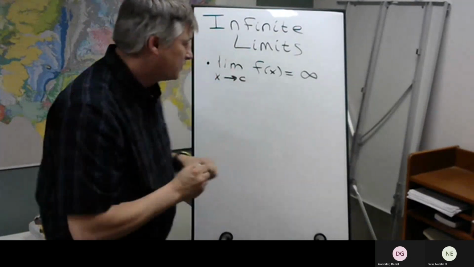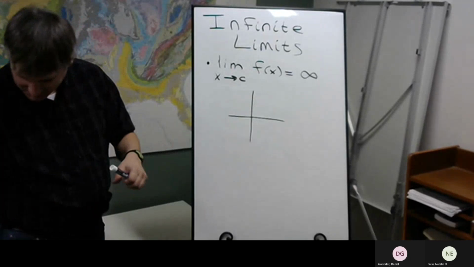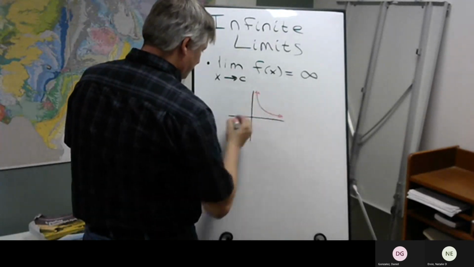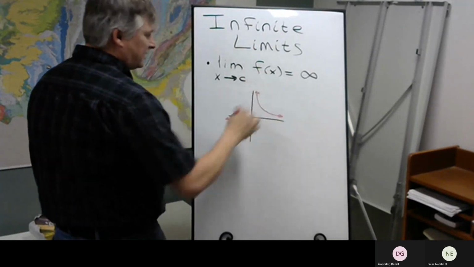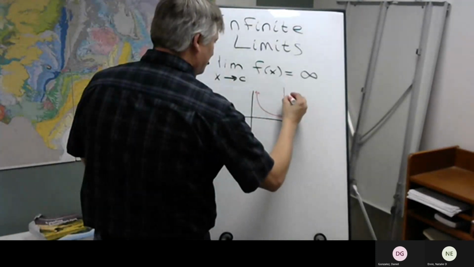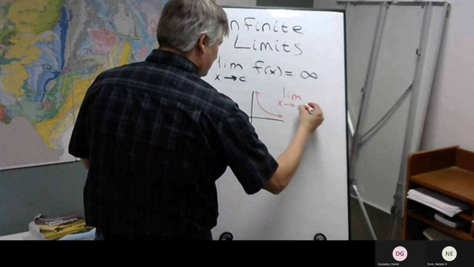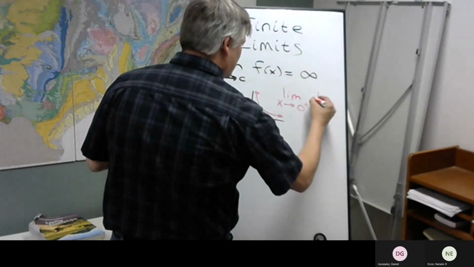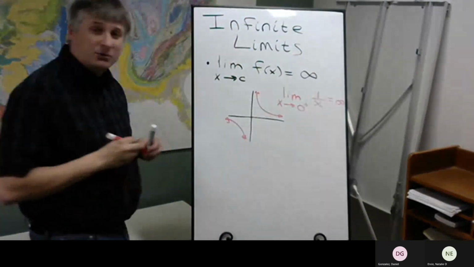As you get closer and closer to the right side, so 0 plus, f of x is just going to grow bigger and bigger and bigger. Again, that means approaching from the right side of 0. We're going to say this is equal to infinity.